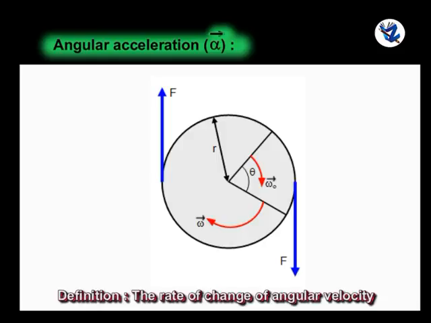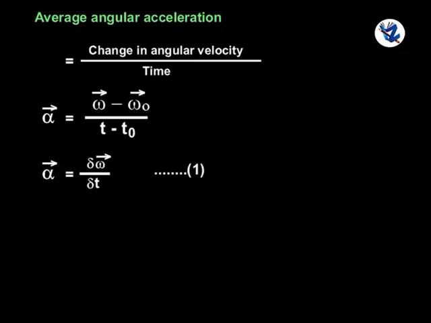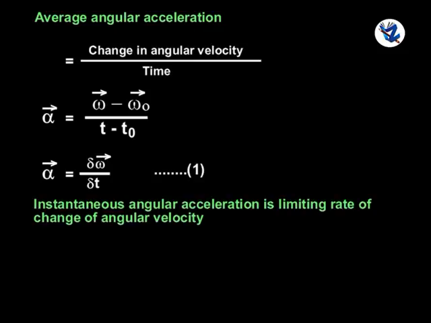Angular acceleration is defined as the rate of change of angular velocity. Average angular acceleration is equal to change in angular velocity upon time. So alpha bar is equal to omega bar minus omega 0 bar upon t minus t0. So alpha bar is equal to delta omega bar upon delta t.